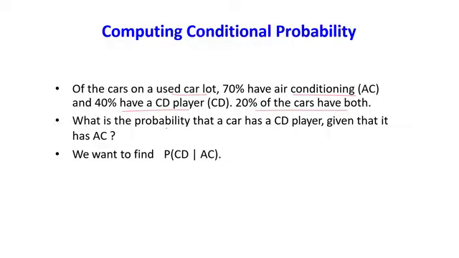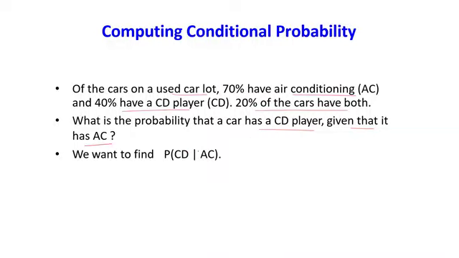Now we have to find out the probability that a car has a CD player given that it has an AC. Here I'm considering both events, AC as well as CD player. So we want to find out the probability that any car which has air conditioning also has a CD player. Here the sequence matters.